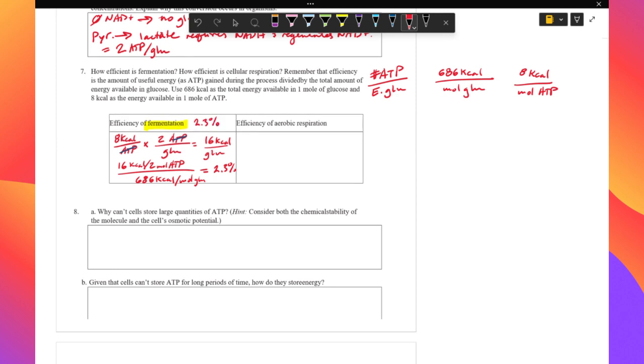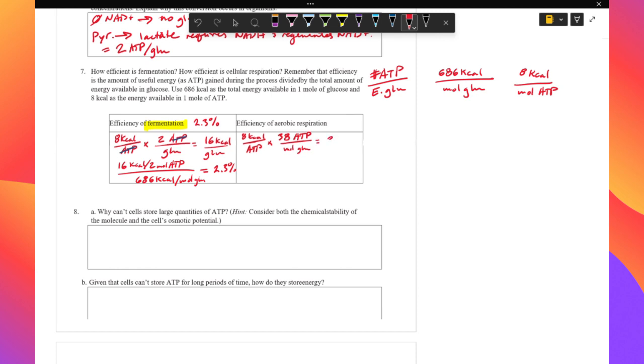By contrast, for the efficiency of aerobic respiration, we've got 8 kcals again per mole of ATP. We produce 38 ATP per mole of glucose.